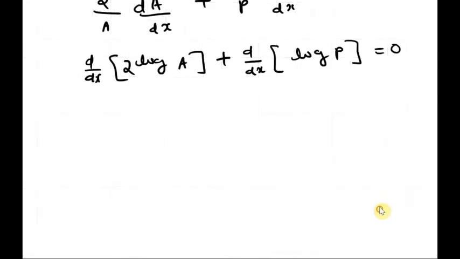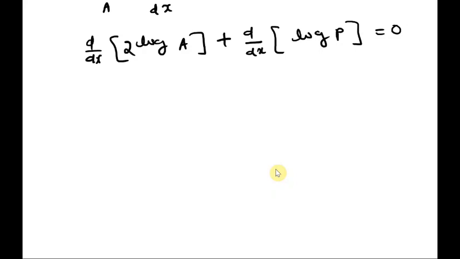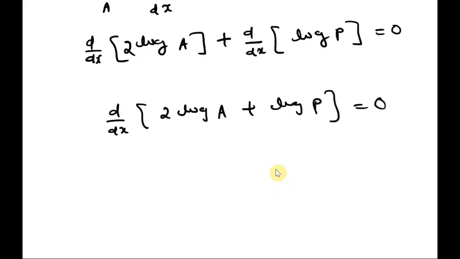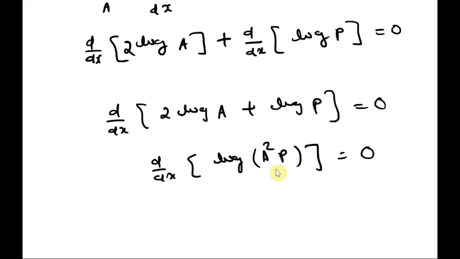Okay, so both are d by dx terms, you can write them together: d by dx of 2 log a plus log p equal to 0. This is nothing but d by dx of log a square p, which is equal to 0.